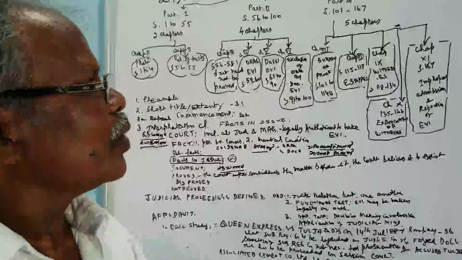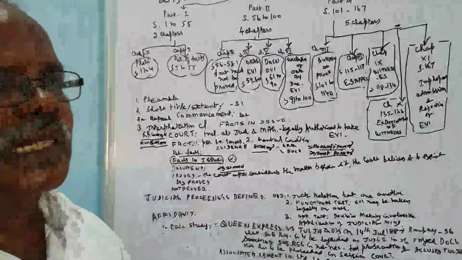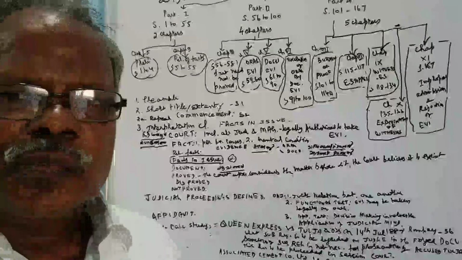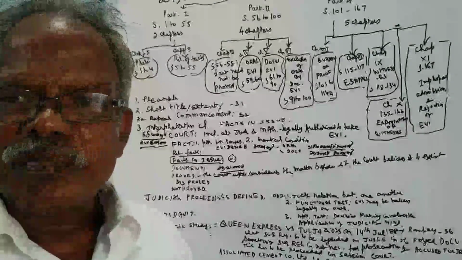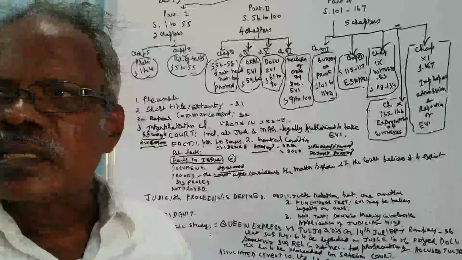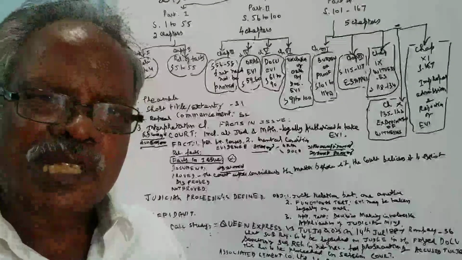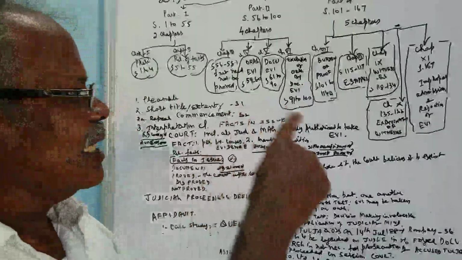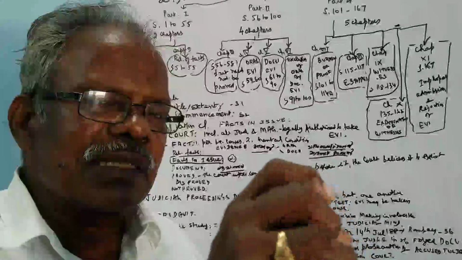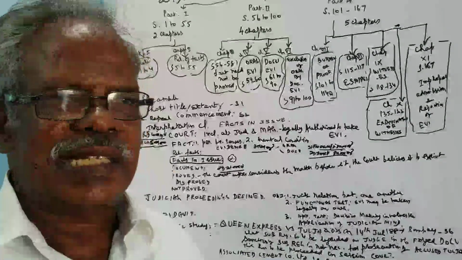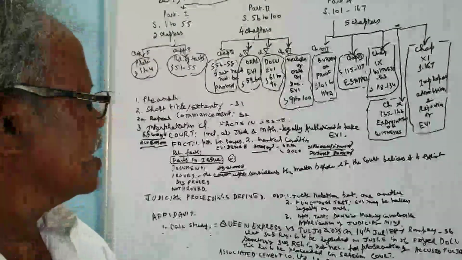That is called procedure law. The Indian Evidence Act comes under procedure law. The Criminal Procedure Code is procedure law, and the Civil Procedure Code is also procedure law. So regarding the construction of law, we have been told about these things.